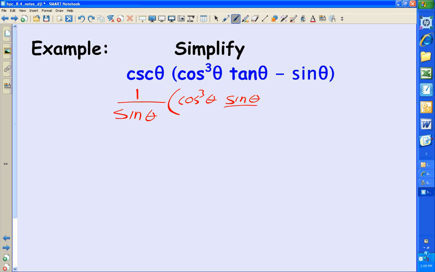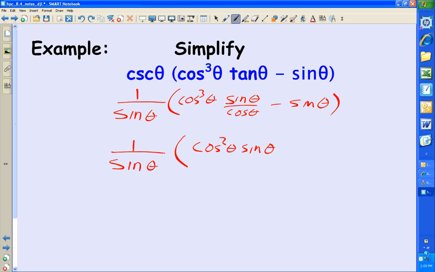Sine theta over cos theta minus sine theta, right? 1 over sine theta, cos cubed over cos squared theta, sine theta minus sine theta.